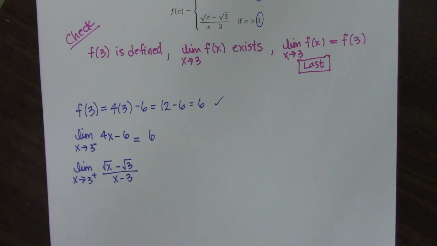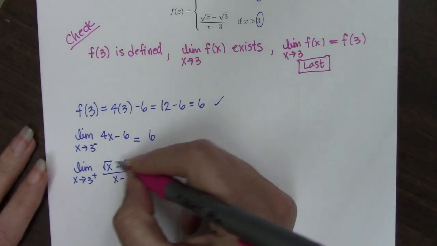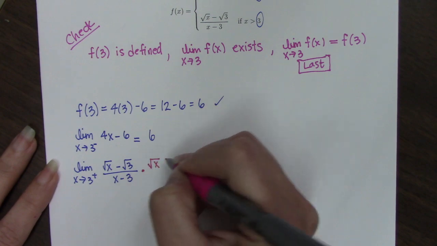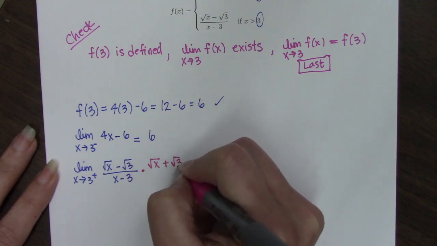It may be tempting to do L'Hopital on this limit, and technically speaking you could, but these derivatives could get ugly and gross because we have all these radicals in play. So it can be done using L'Hopital, but it may not be as nice and clean as just simply using the conjugate. The conjugate allows me to eliminate two radicals at the same time. So I'm going to multiply the numerator by the square root of x plus the square root of 3.